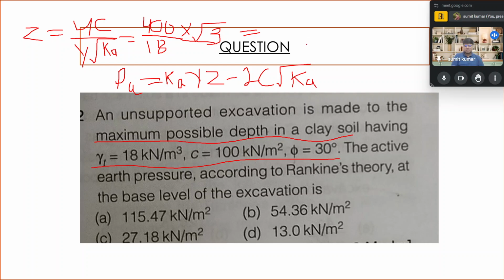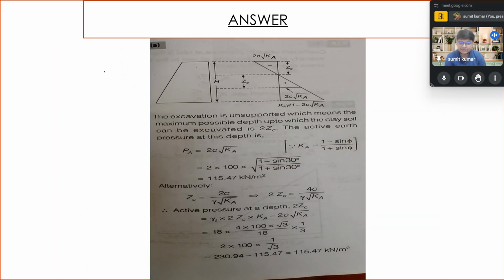First of all, we need to calculate the value of Z, right? So the value of Z is going to be 400 upon 18 multiplied by root 3.